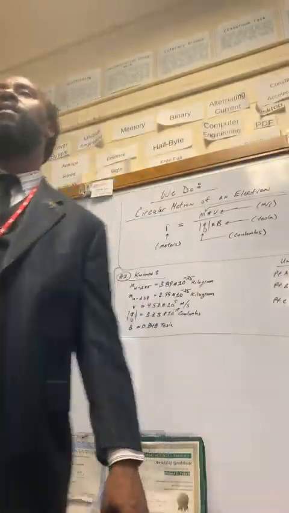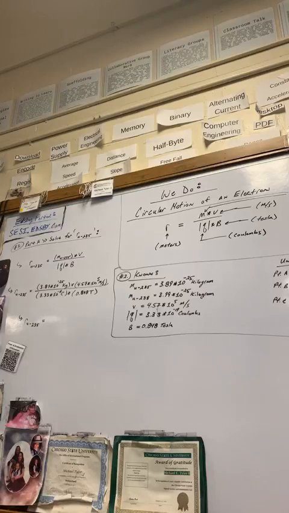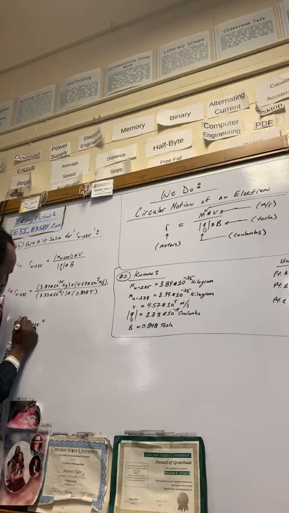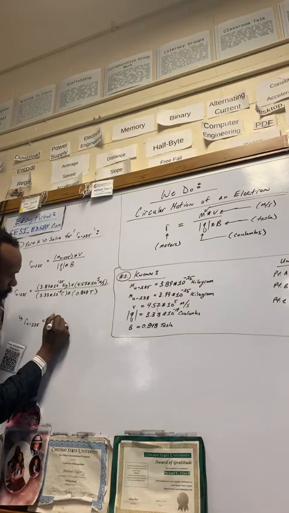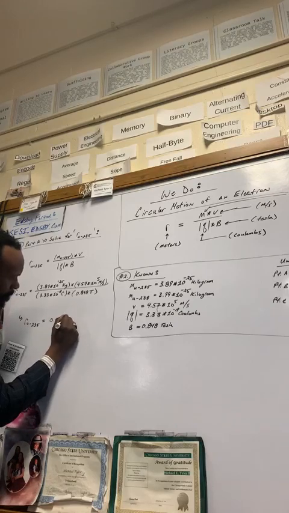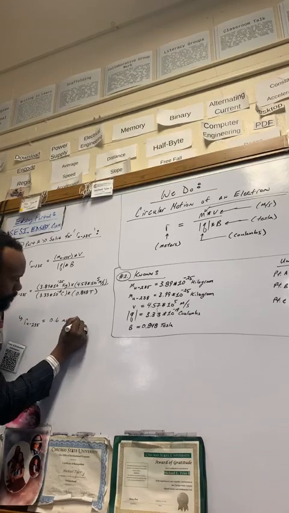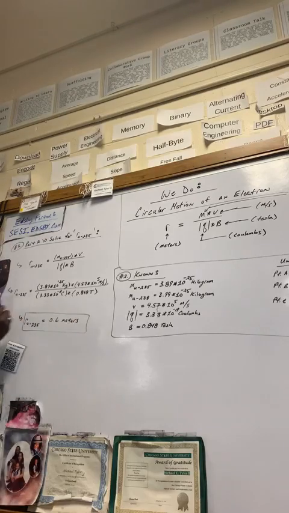Gives a yield of 0.6. And don't forget, that's radius, so it's meters. So 0.6, very small radius, right? Very, very, very small radius.